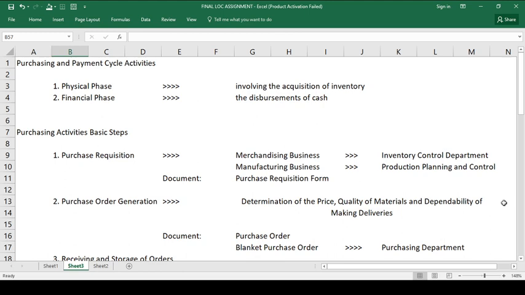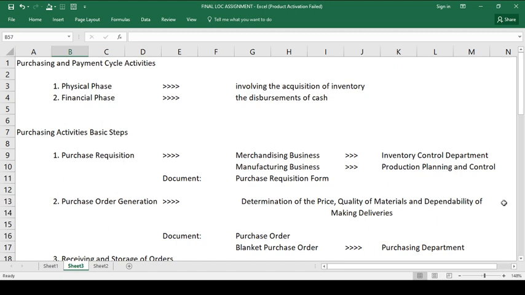Sir, how about if we're not talking about inventories here, we are just talking about a simple, an ordinary supply. Usually, kung mga supply lang to, office supplies, kung sino po yung departamento asking for that particular supply, it is the department that will prepare the purchase requisition form.